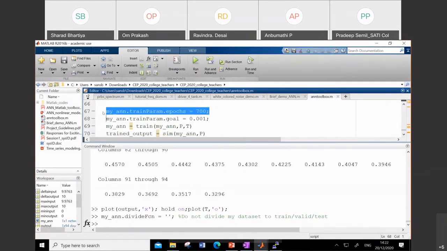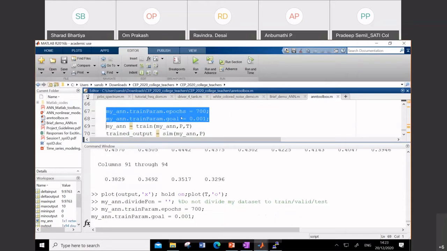And now I'm going to tell it to run up to 700 epochs. That is, if in 700 epochs you don't reach the mean square error of 0.001, which is my target mean square error, you anyway exit because it's not getting anywhere. Okay, so I will also then define these, and now I'm ready to train my neural network.